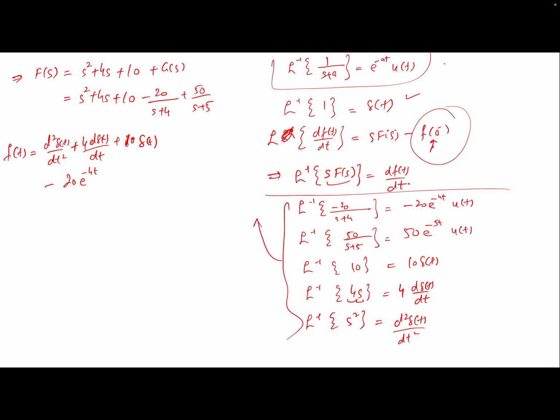I'm going to take minus common so I can take out the step function: minus 20 and then minus 50 e raised to the power minus 5t. So this is your time domain expression of F(s).